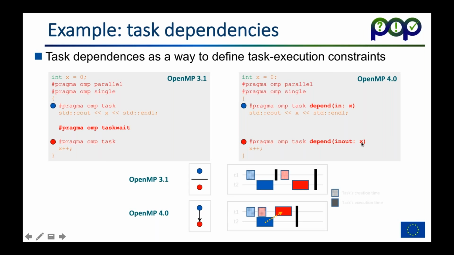So what I didn't mention here is you can specify inout x, but given that x is a pointer or in general of array type, you can also specify a certain slice, meaning a subset or subslice of the whole array. And if you have two tasks with overlapping slices, that means there's a dependence.